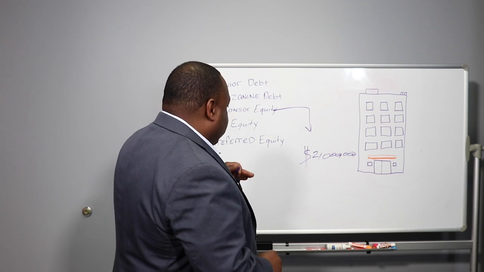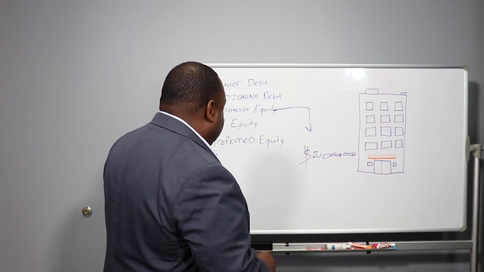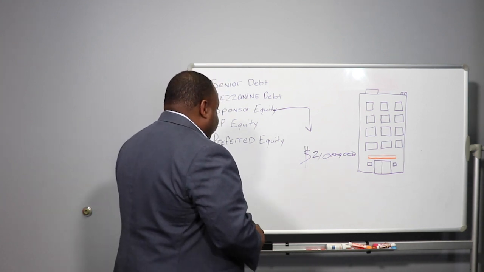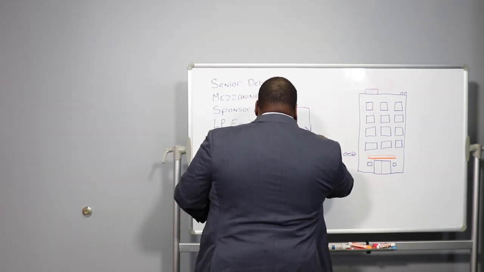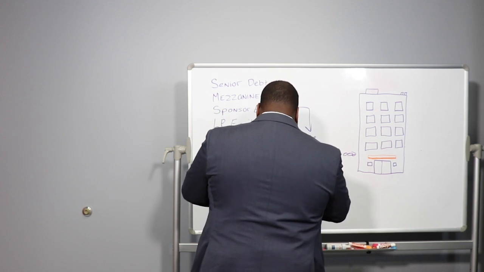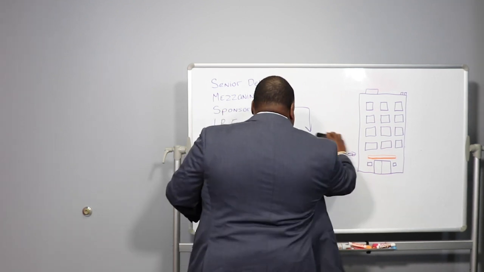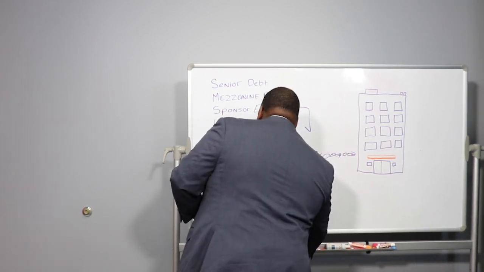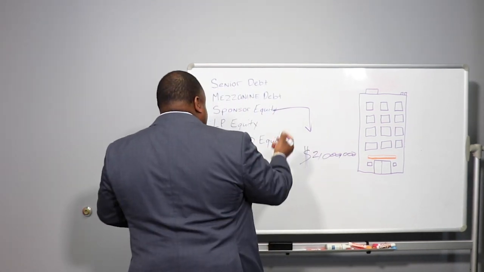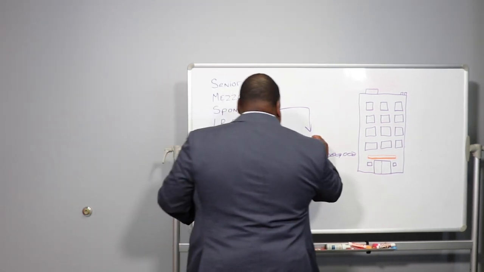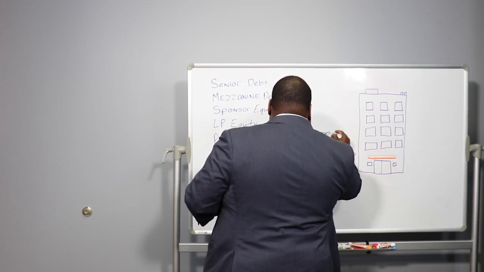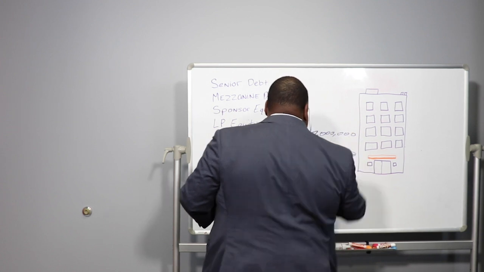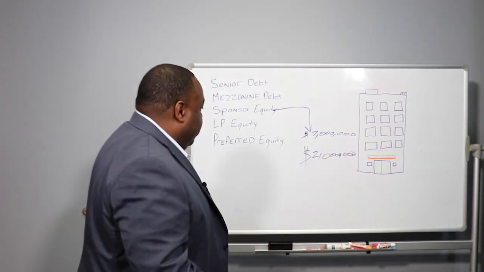Then we can layer on top of that sponsor equity our debt. So we can have mezzanine debt, which we talked about. Let's say in this particular project we had senior debt of, let's just call it, $7 million. That would be our senior debt.